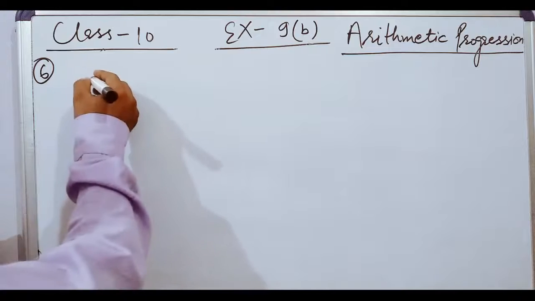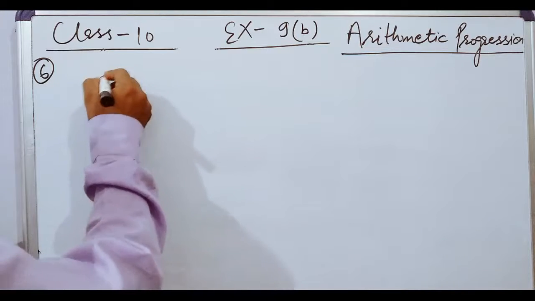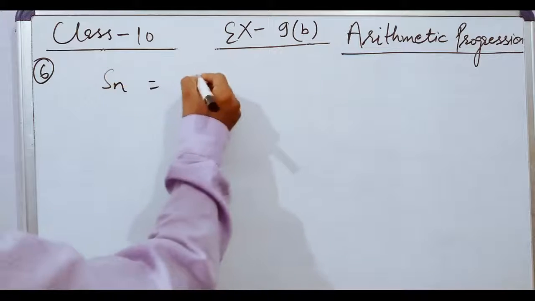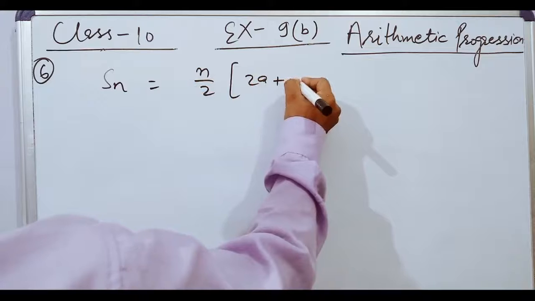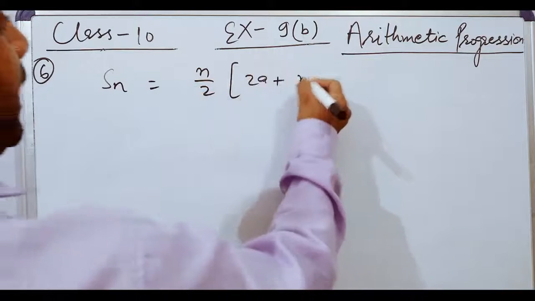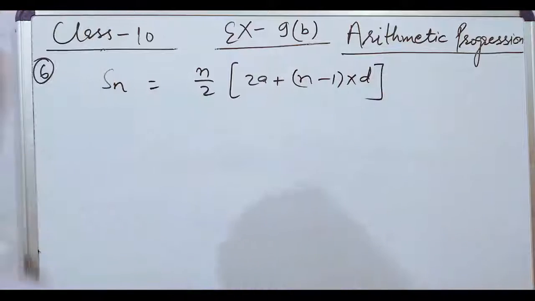See, the sum of the first 6 terms of an AP is 42. Sn equals n by 2 into 2a plus (n minus 1) into d. This is the formula to find Sn.